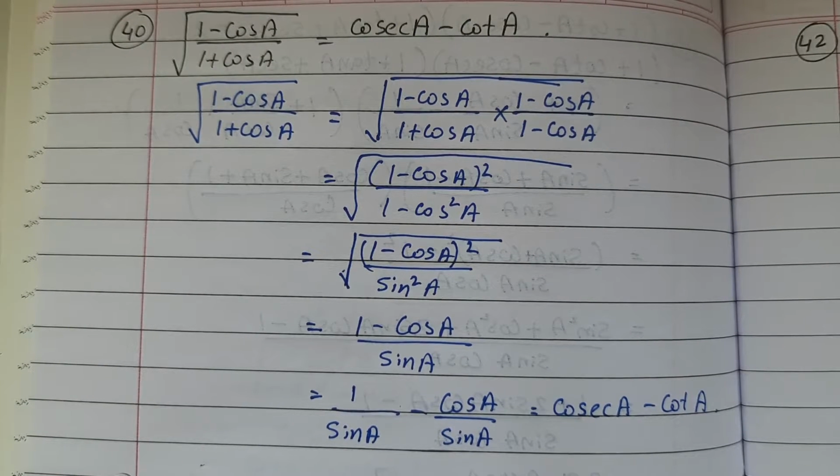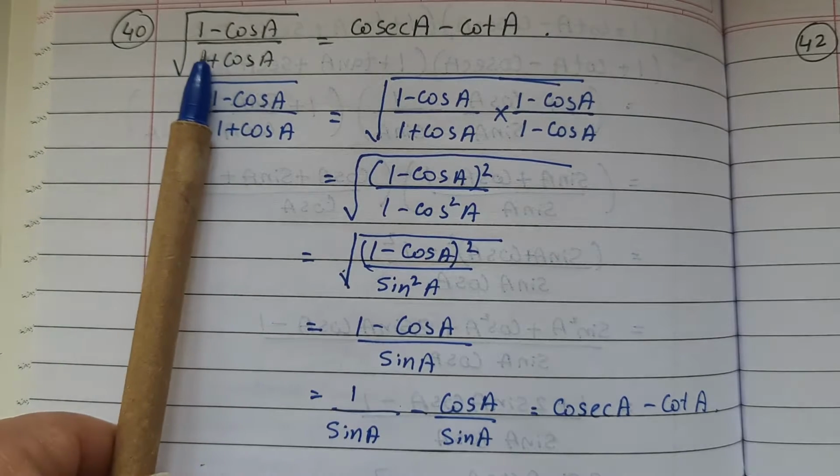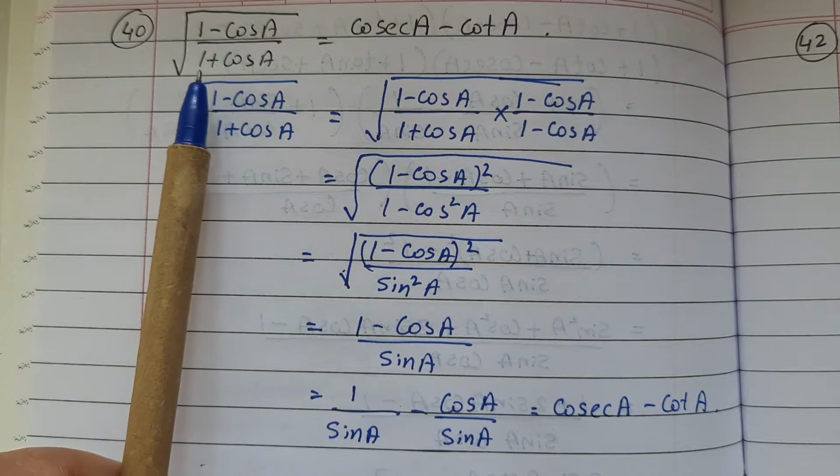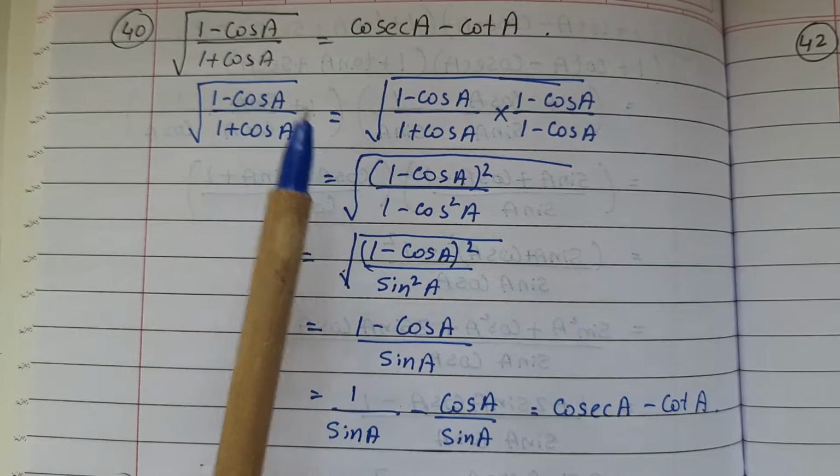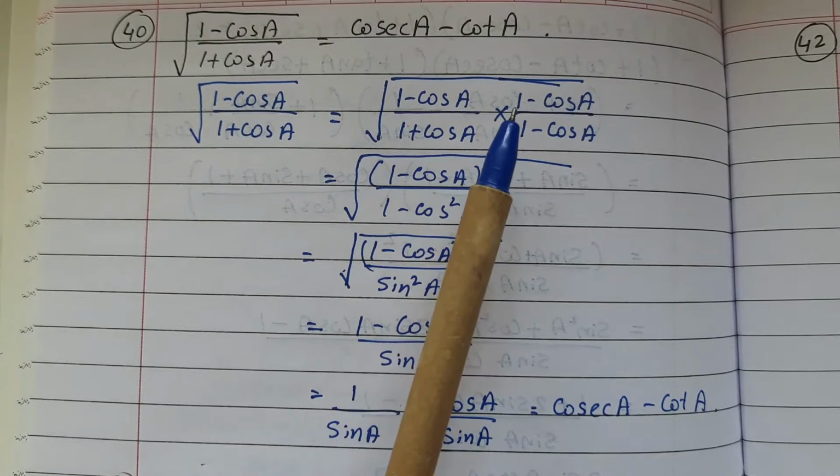Sum number 40. Root of 1 minus cos a upon 1 plus cos a equal to, multiply and divide by root of 1 minus cos a upon 1 minus cos a.